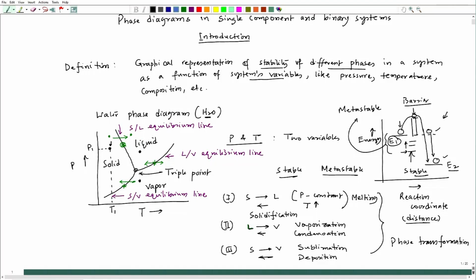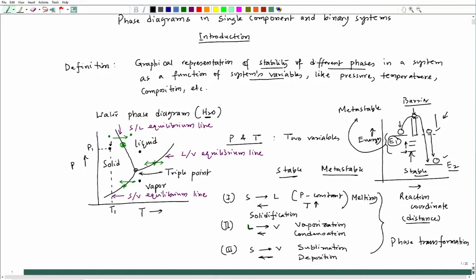Now, why does the kinetic part become very important? Because let us look at this diagram again. At least I could see from the position of the ball on the rooftop as well as at the base of the roof, where it becomes absolutely stable, that the ball cannot by itself go to that stable position. We have to give a push, and we have to increase the energy to topple that barrier.